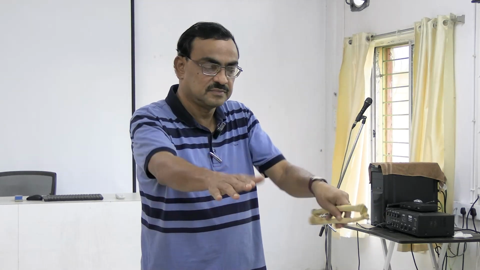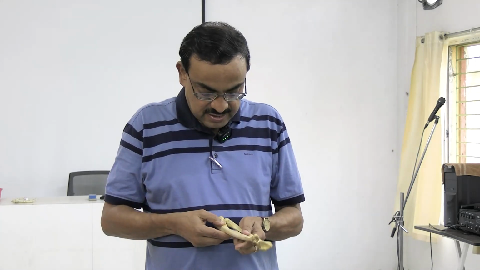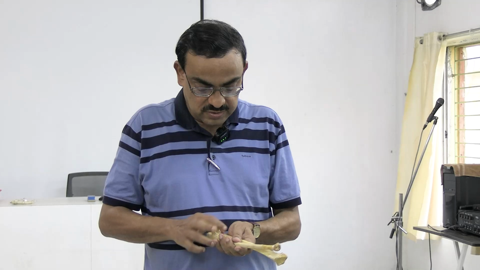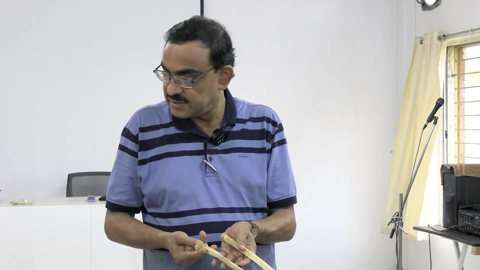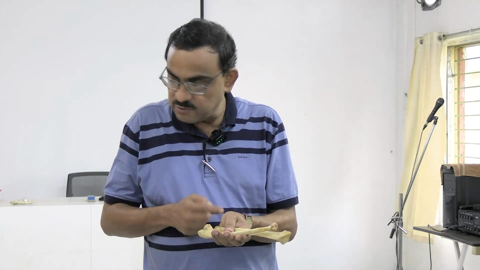The superficial fibers run straight, and the deep fibers are basically the binders. There are several binders. In the upper part we have seen the annular ligament, and the capsular ligament, since the joint is surrounded by a capsule.